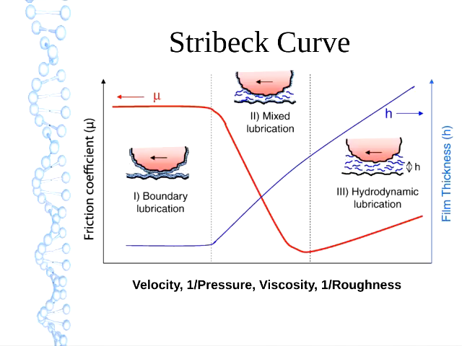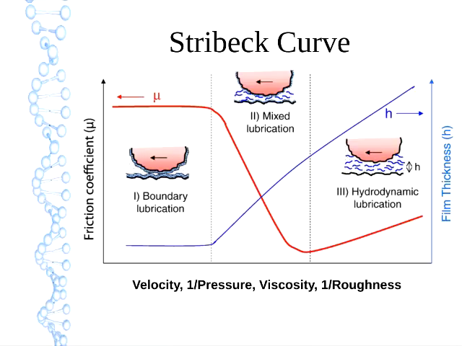The friction starts high on the left side, then it starts decreasing and then starts increasing again. This comes because you're moving between different lubrication regimes, and as you look at the film thickness here, the blue line, the reason for the shape of this friction curve becomes more clear.